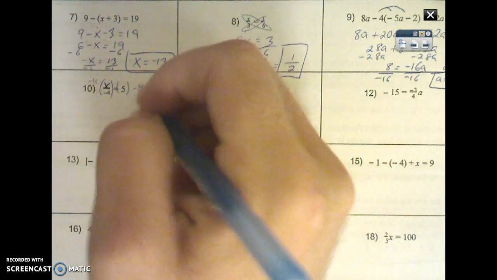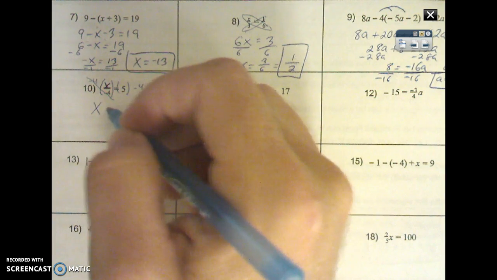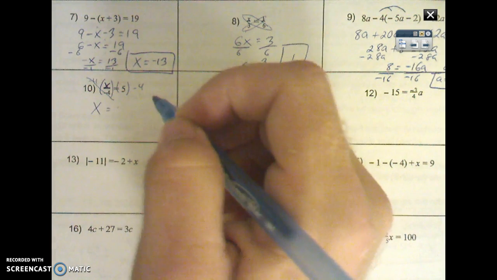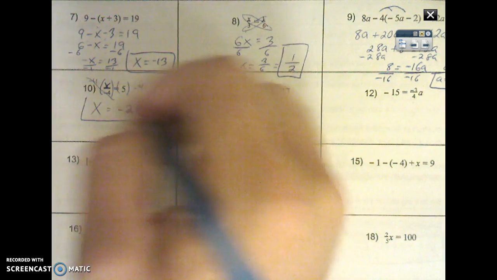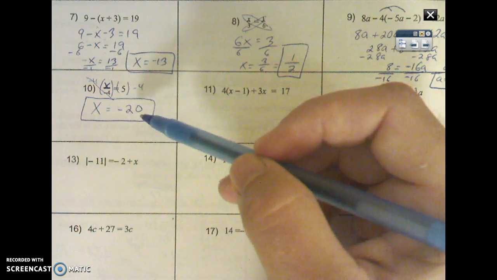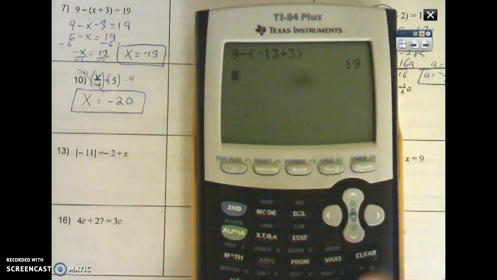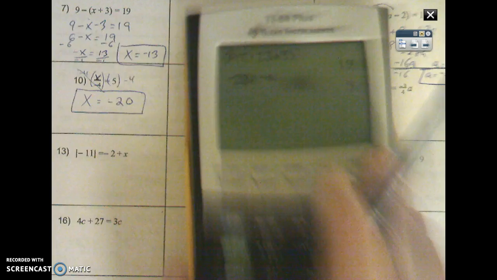So I'm multiplying both sides by negative 4. This crosses off. On the right-hand side, 5 times negative 4, negative 20. Okay? And again, if I have the time, if you'd like, take your calculator. I can say negative 20 divided by negative 4. And if I hit enter, I get 5. I know I'm good. Alright?